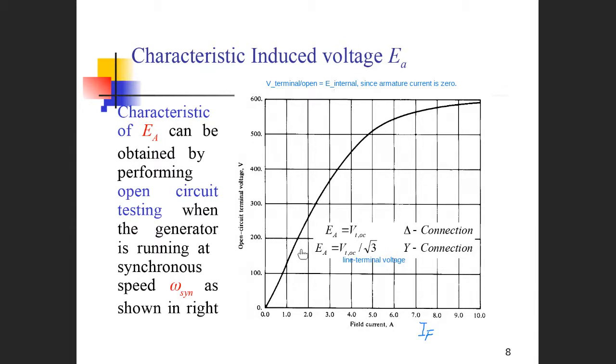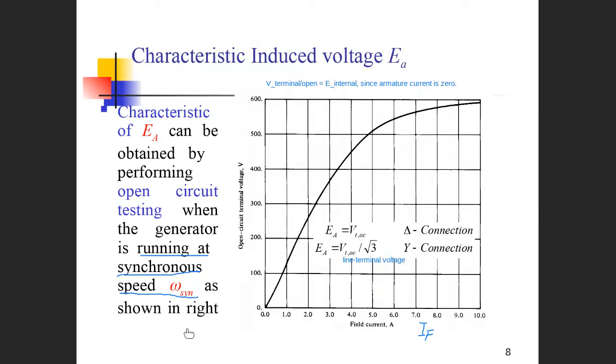The key is that when doing the open circuit test like this, you have to maintain the speed. It's running at the synchronous speed. For all different field current values, you have to maintain the speed constant.